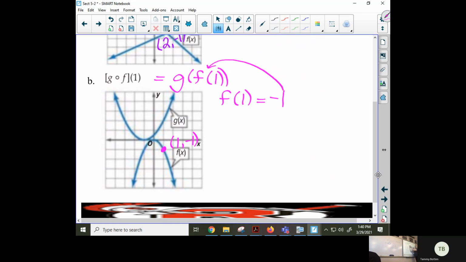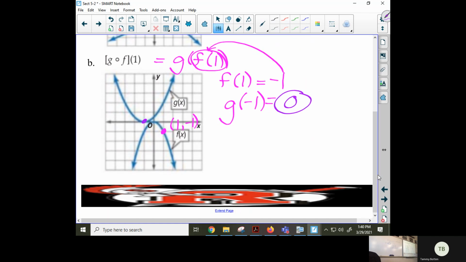Then you take the -1 and put it into g, and you'd get g of -1. So we would go on our x-axis to where it's -1, and at g of -1, it is 0. That is your answer. And then our assignment is right here.